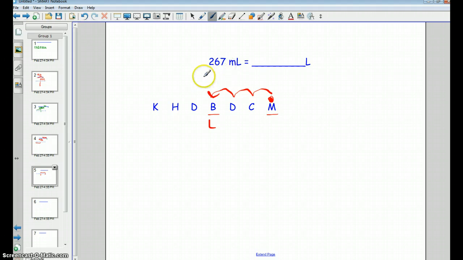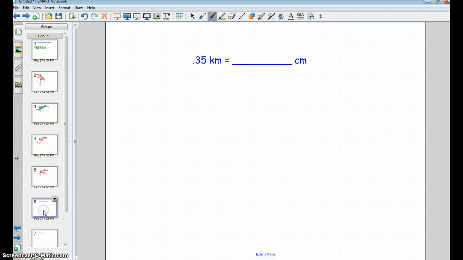So I take my decimal point, which is that imaginary decimal point that can sit after the whole number, and I'm going to which direction? The left. 1, 2, 3. So my decimal point goes in front of the 2, and now I have 267 thousandths of a liter.